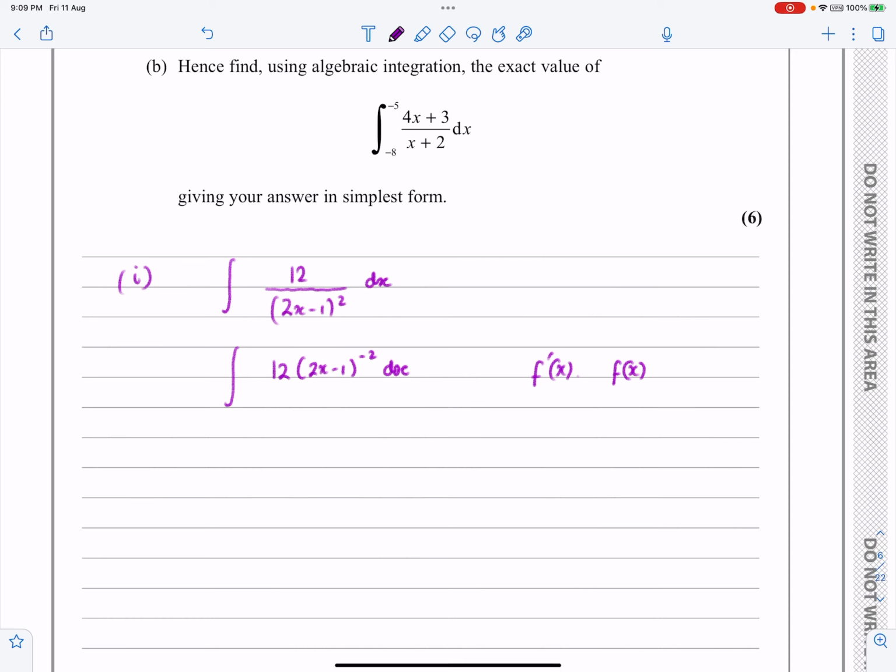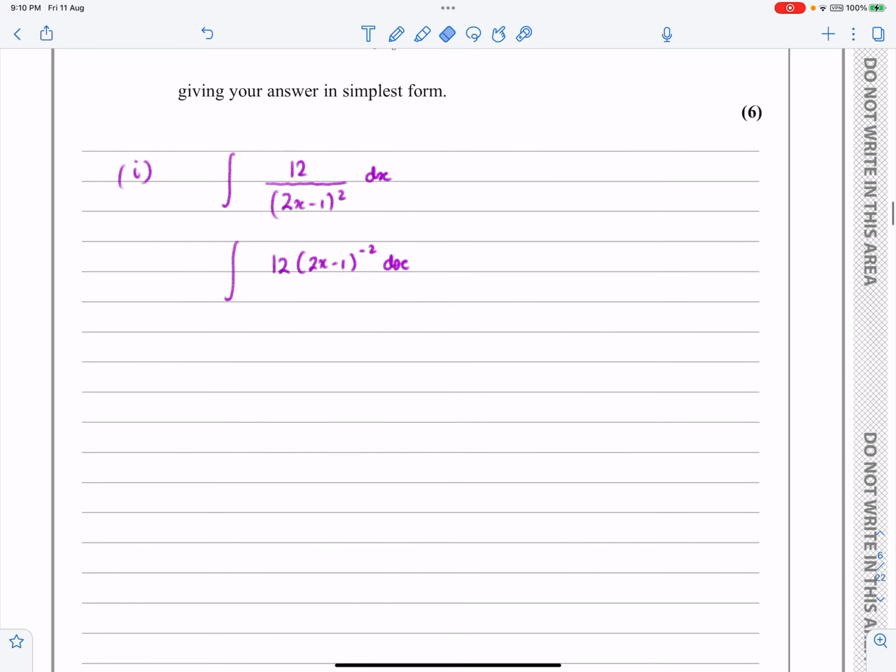And then I've actually got this as being g(f(x)). It's not f(x) itself, but it's some function of f(x), in this case g being the function to the power of minus 2. And if we do have it in that format, then we know we can use the reverse chain rule on it. So let's actually go ahead and do that then.